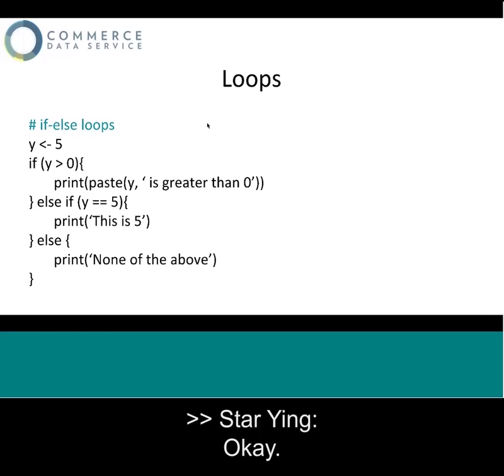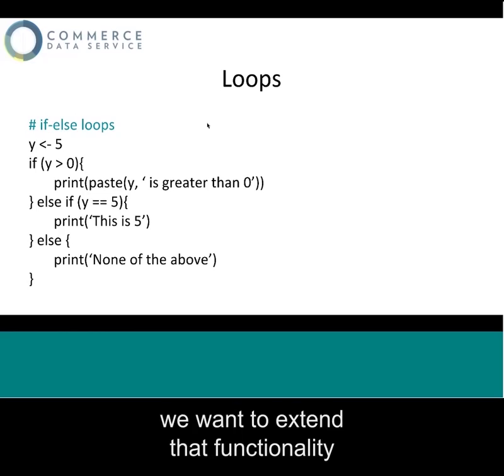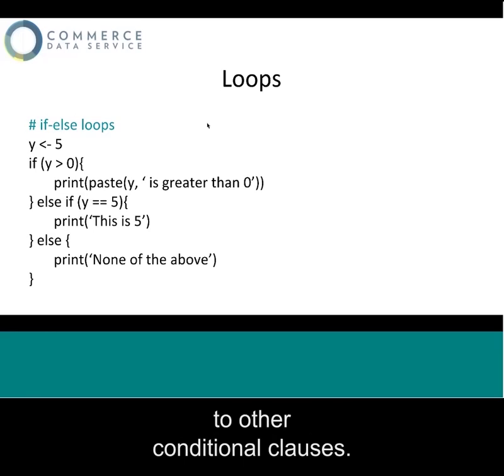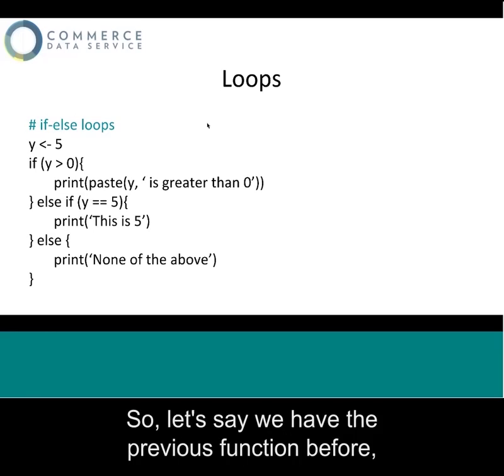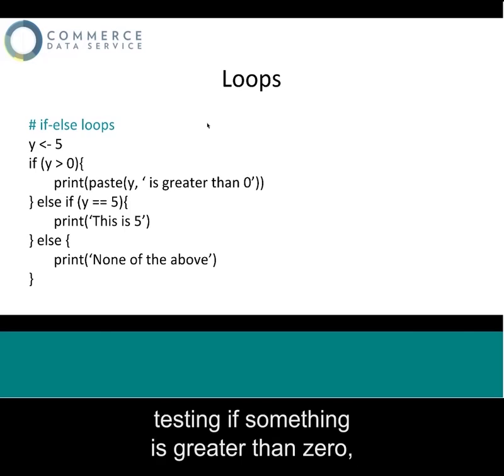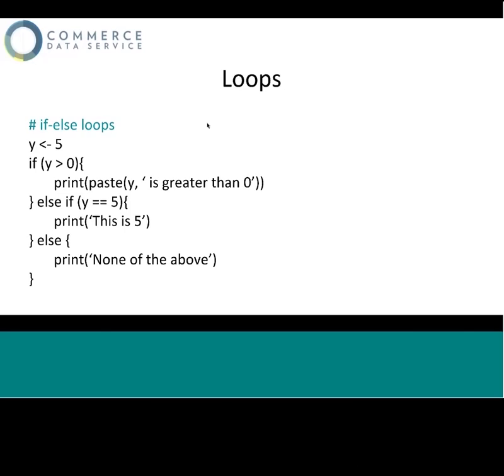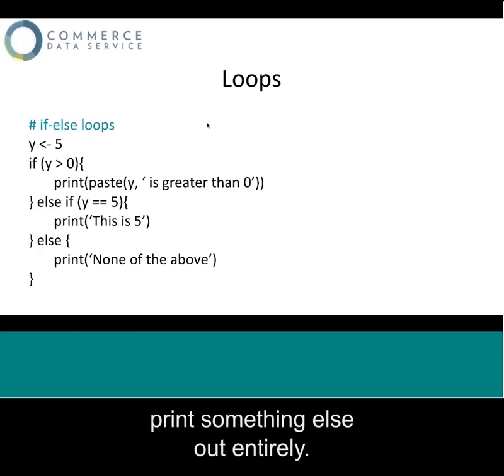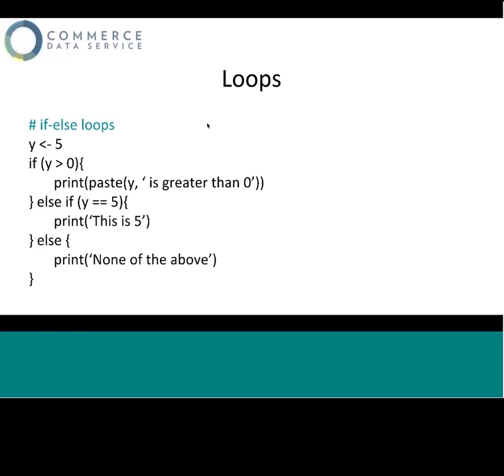Obviously sometimes we want to extend that functionality to other conditional clauses. Let's say we had the previous function testing if something is greater than 0. But what if we also want to know if it is exactly equal to 5? Then print something else out. Or if it's none of those things, print something else out entirely.